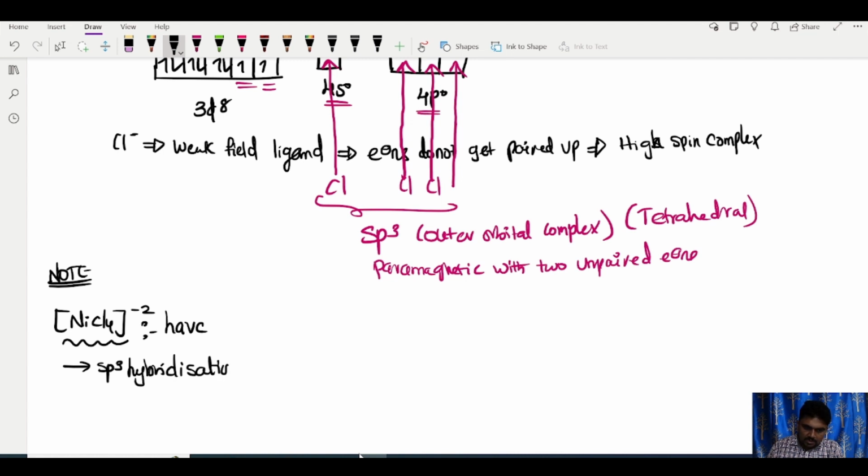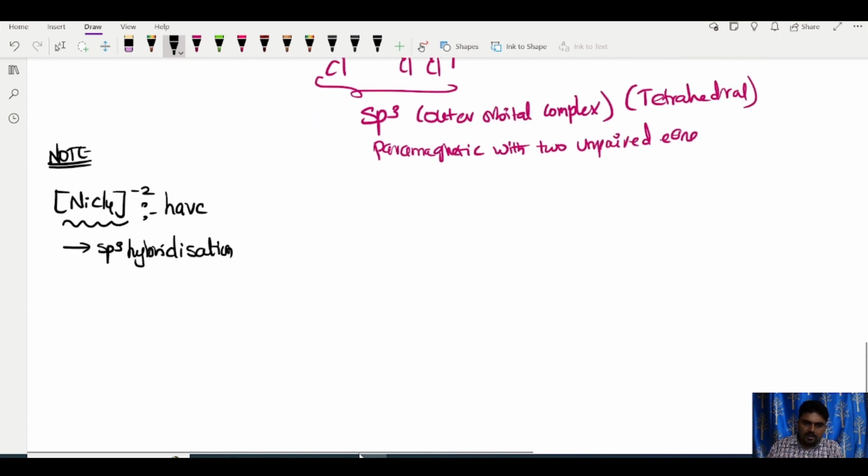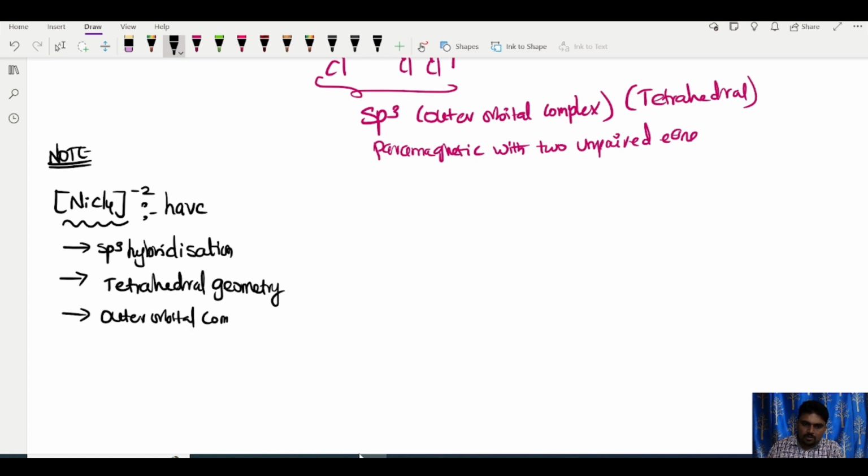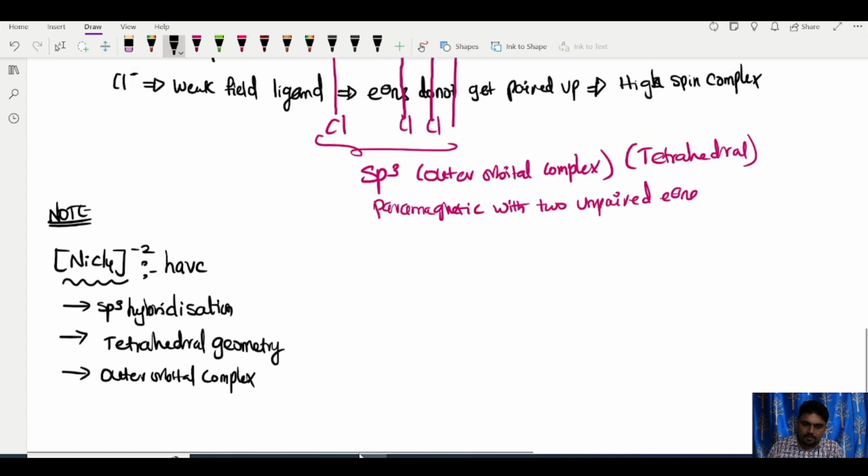Next, it has tetrahedral geometry. It is an outer orbital complex, and it is high spin.